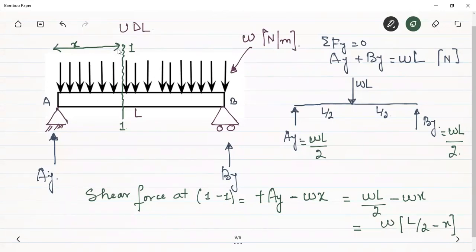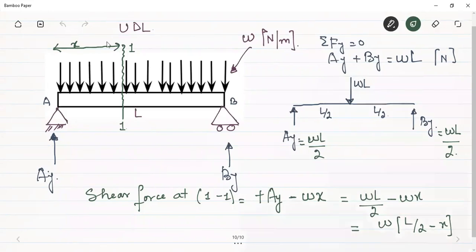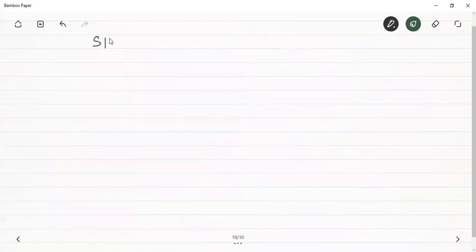Because I'm taking at a distance of x. So what will be the shear force at A? We can write V at A, or shear force at A, that is VA.